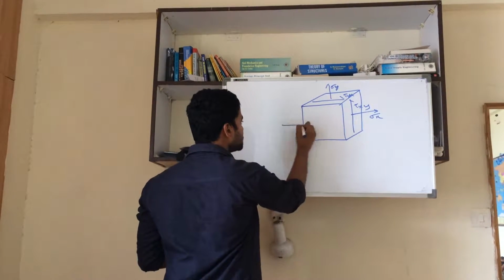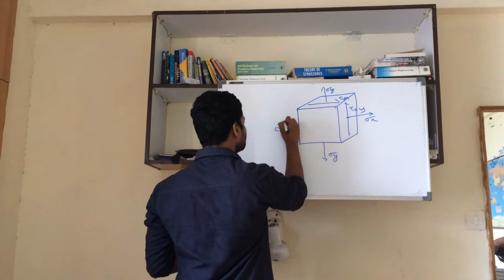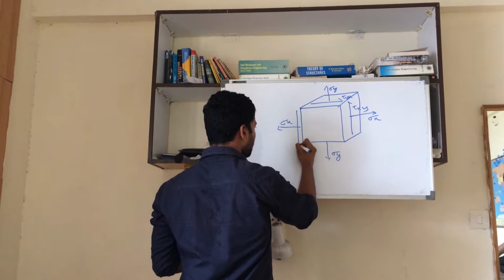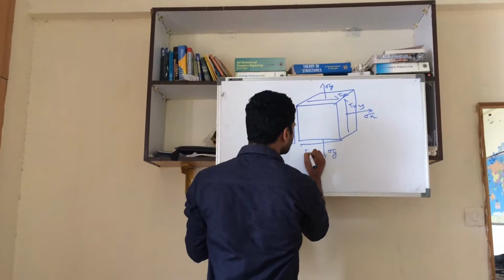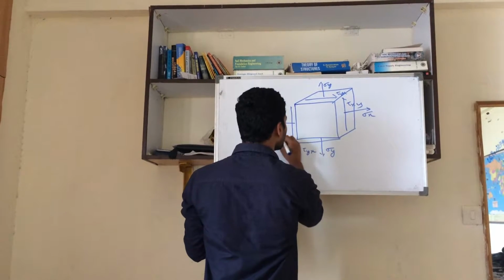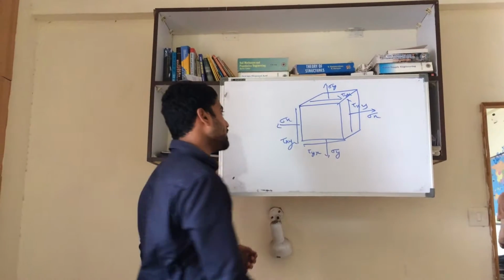The same mirror image would be seen in the opposite direction. This is sigma x, this would be sigma y. So this will be the stress element.